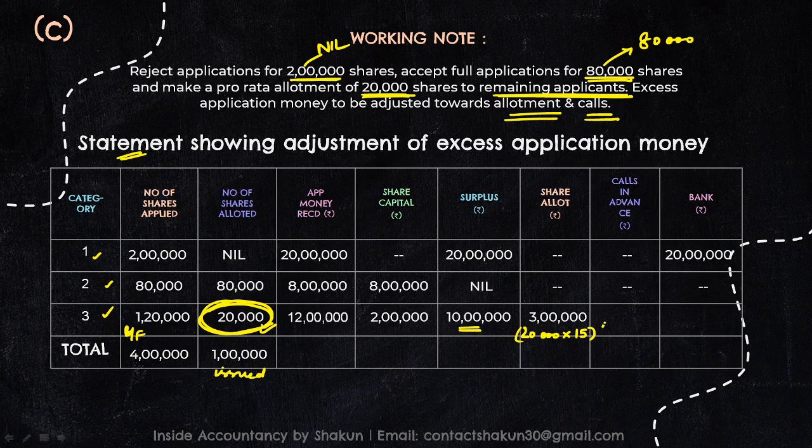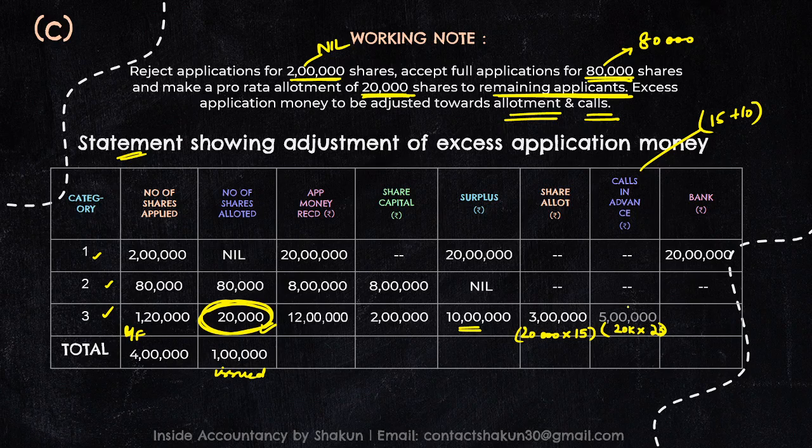Now, how do we know what amount we should put in calls in advance? Again, 20,000 is the number of shares. How much amount will they put on calls? Now, the first call was for 15, I think, and the second call was for 10. Right, so total is 25. So for 20,000 shares, they have to pay 25 rupees on calls, which is 5 lakh.